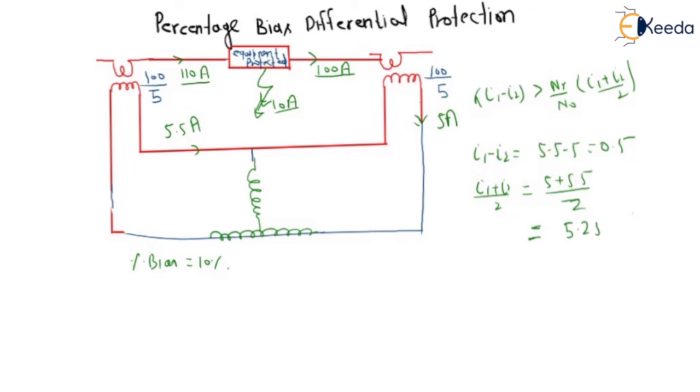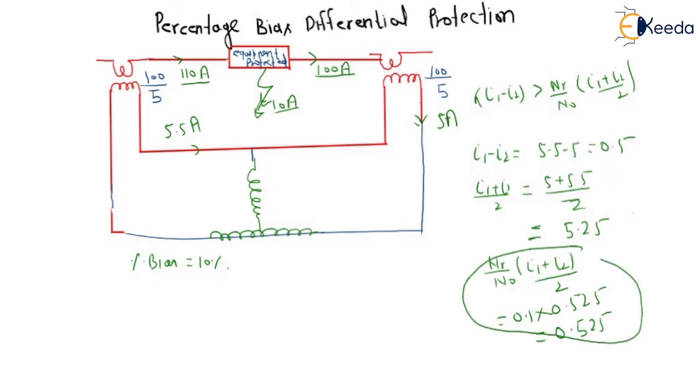We have to multiply this by the percentage bias. So NR upon N naught into I1 plus I2 by 2 will be equal to 0.1 times 5.25, which comes out to be 0.525. So this is the restraining quantity, the restraining MMF.